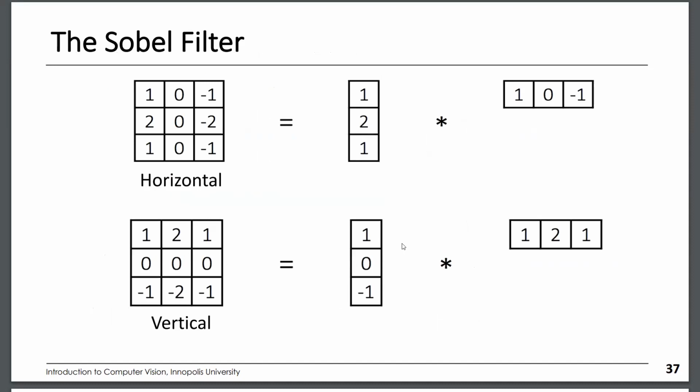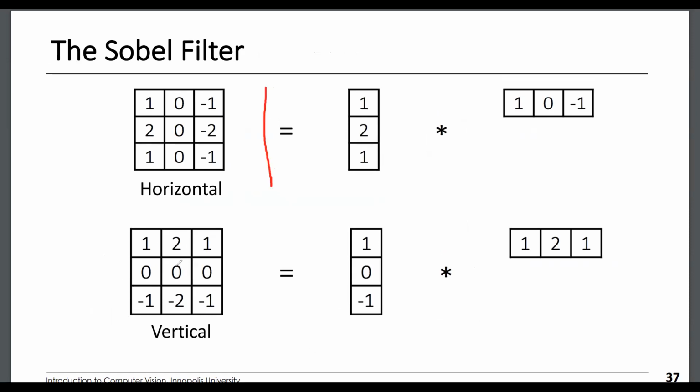So we can have a Sobel filter for horizontal edges, and another one for vertical edges. This one calculates the change in this direction, and this one calculates the change in this direction. Very basic stuff, kind of an ordinary thing to expect.